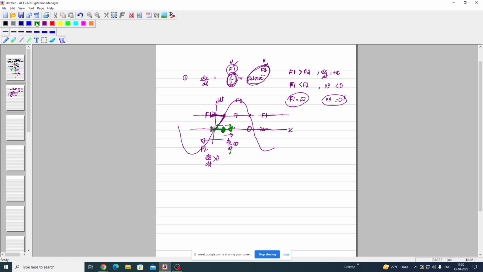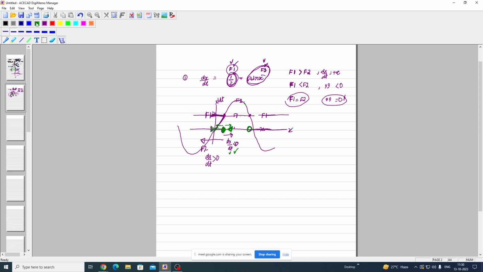Now let's look at the second fixed point that we have drawn here, which is here. Let's figure out its stability. So we notice that to the left of the fixed point, the line is below the curve, f1 is below f2, f1 is less than f2, so dx by dt is going to be negative.